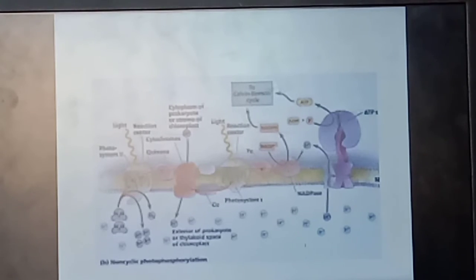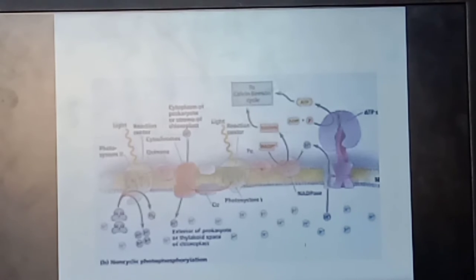Significance of photosynthesis. What is the importance? The significance of photosynthesis lies in a number of reasons. Number one, food. By photosynthesis, green plants synthesize food from simple raw materials like carbon dioxide and water, that is H2O. Thus, it sustains life on earth.